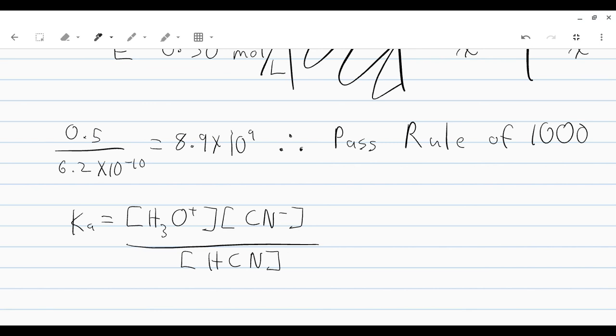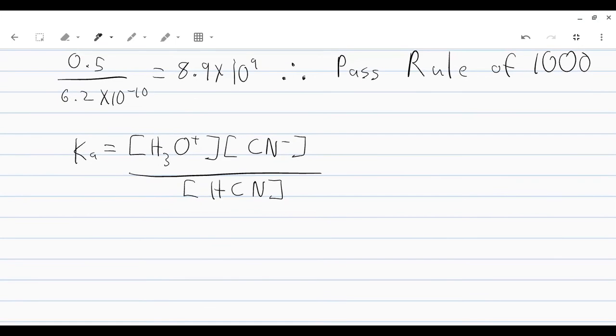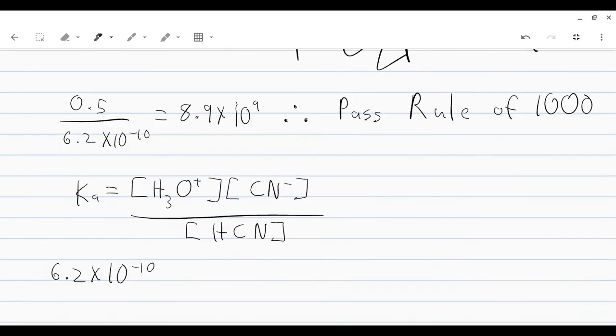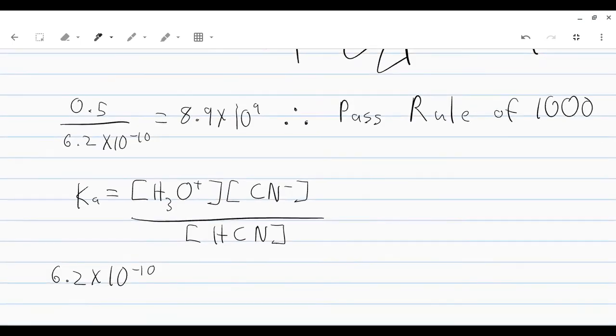It's not a big deal in a Ka calculation because oftentimes those do pass the rule of 1,000, but you do need to make sure you're using the equilibrium concentrations. Okay, so 6.2 times 10 to the negative 10 is going to be equal to, well, both of those are x, so we can turn it into x squared over 0.5 mole per liter.